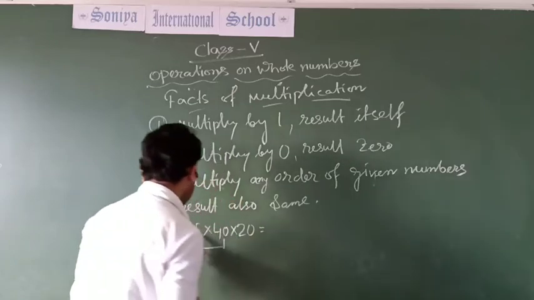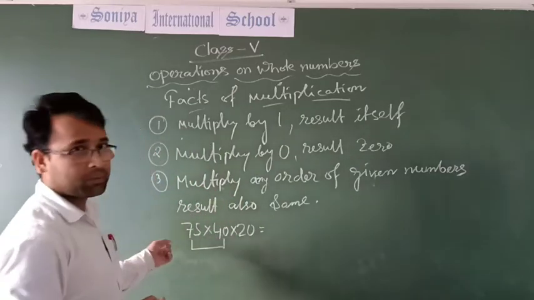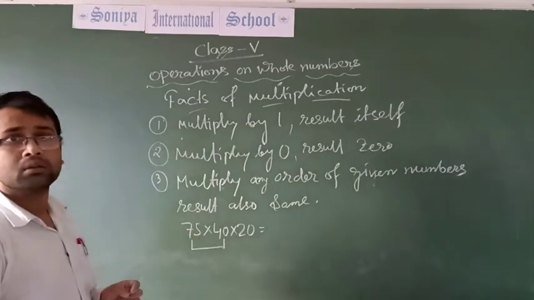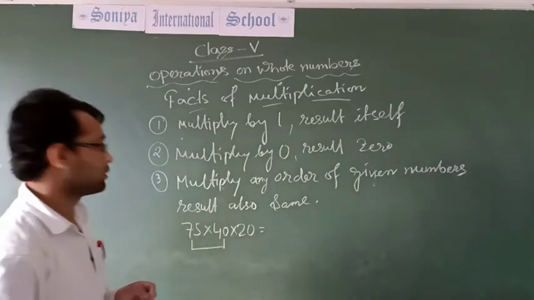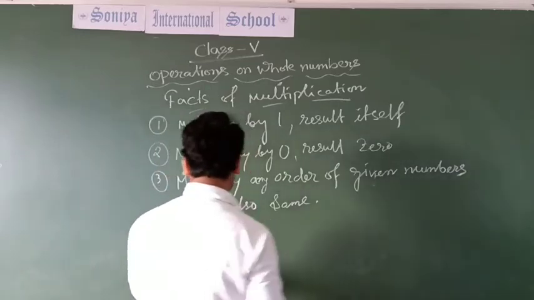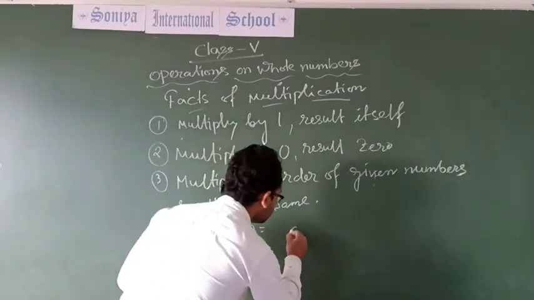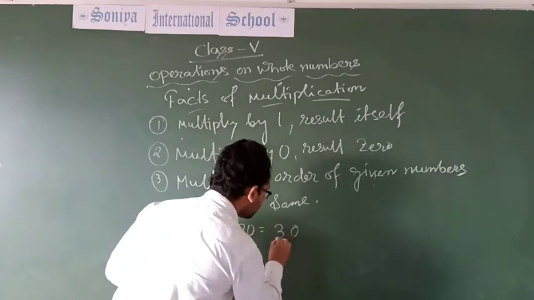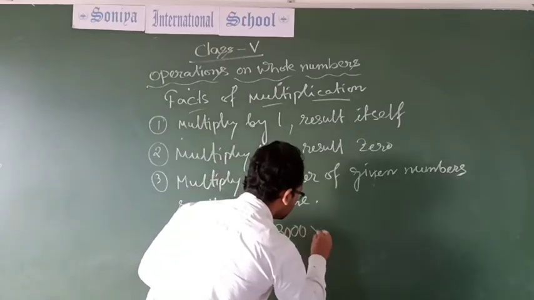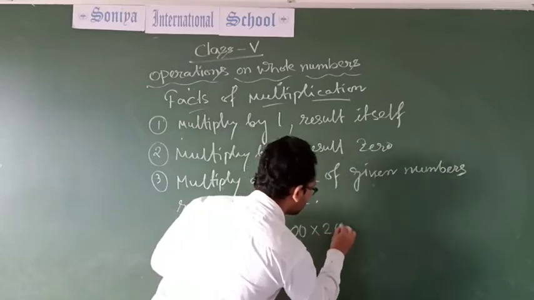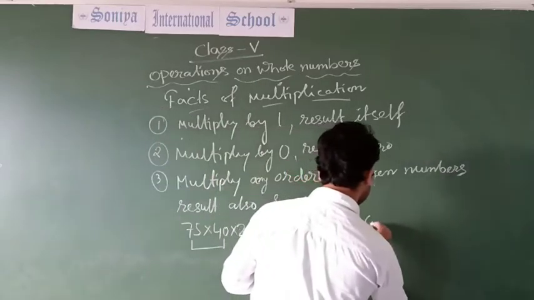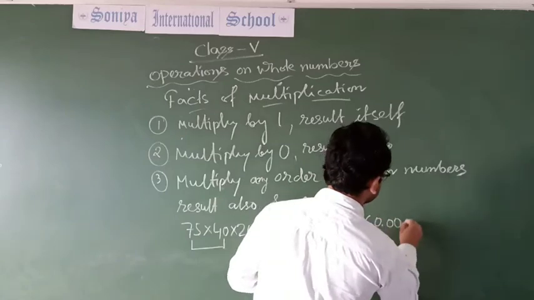So 75 and 40: 75 multiplied by 40 means 4 times 5 is 20, 7 times 4 is 28, and 2 makes 30. That means 3000. Multiplied by 20 is equal to 60,000.